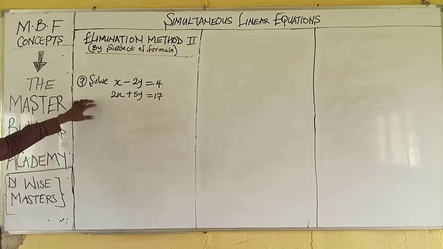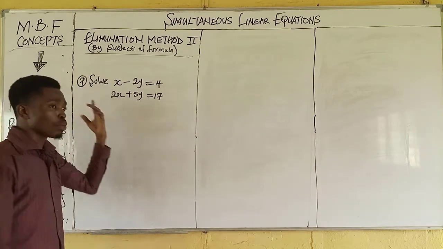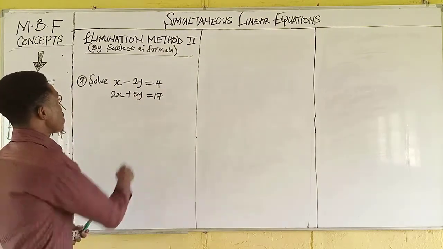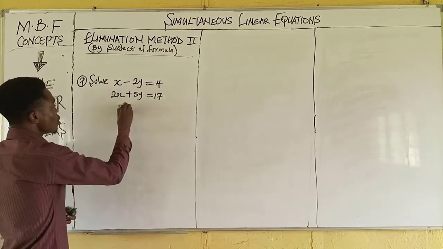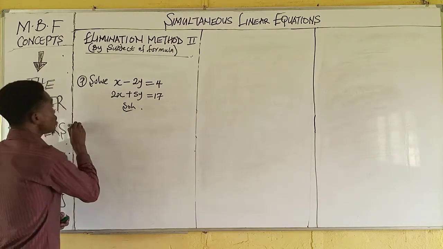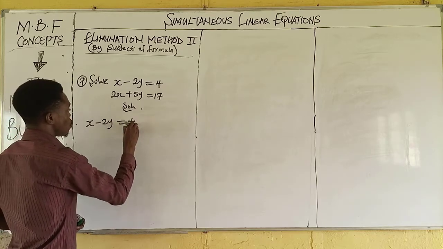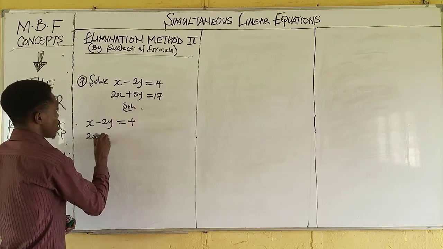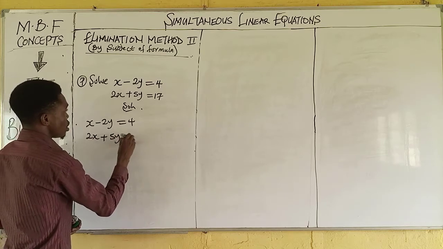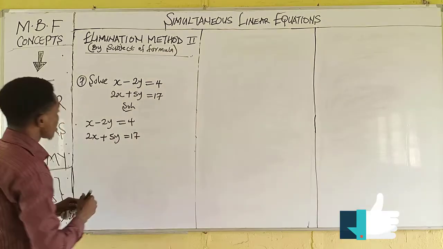Now on the board, don't forget that this is a continuation class. So we have this to be question number 7. Now we are asked to solve x minus 2y is equal to 4 and 2x plus 5y is equal to 17. What are we going to do here?